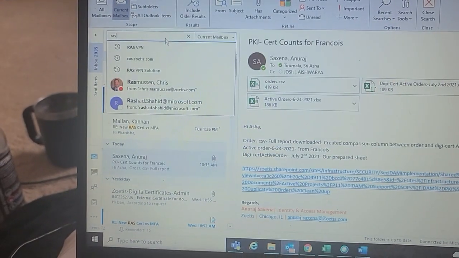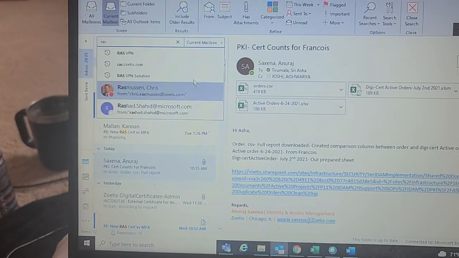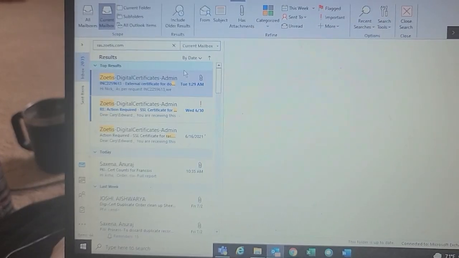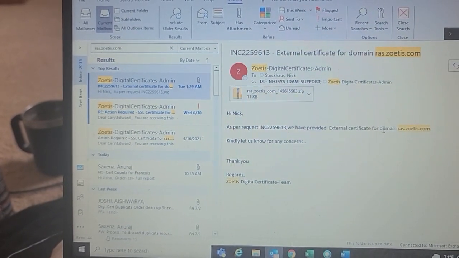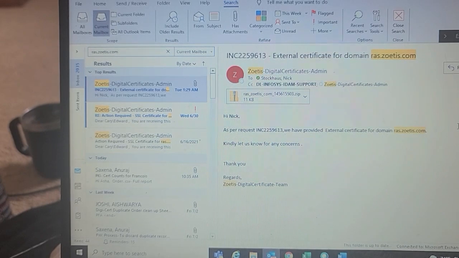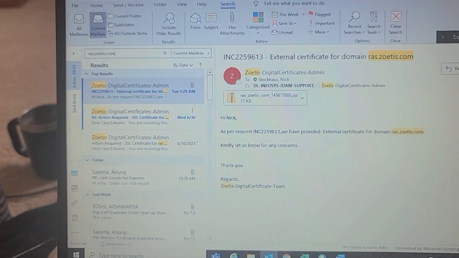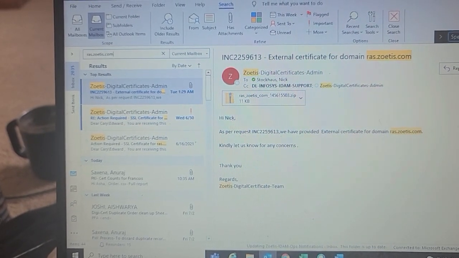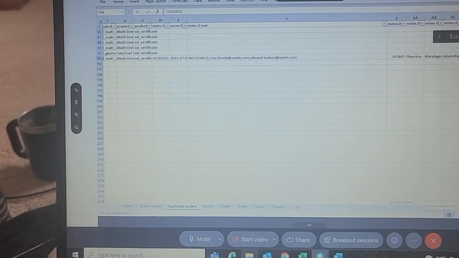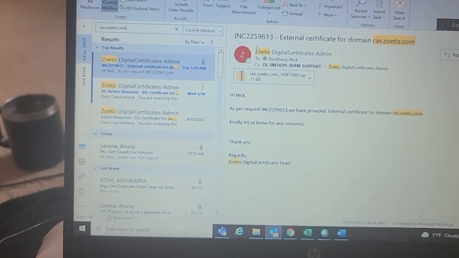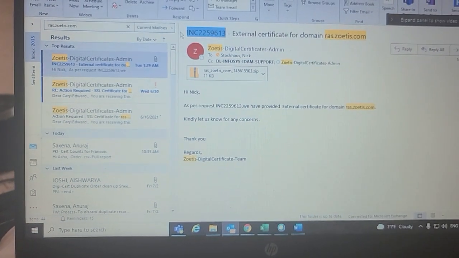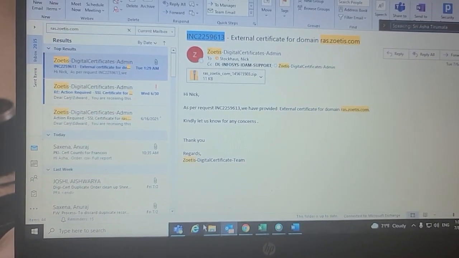Who is this? See, this was issued yesterday. Yes, Asha. 2 days ago. Yep, 7/6. This ticket number is 613. Okay, let me only do the.